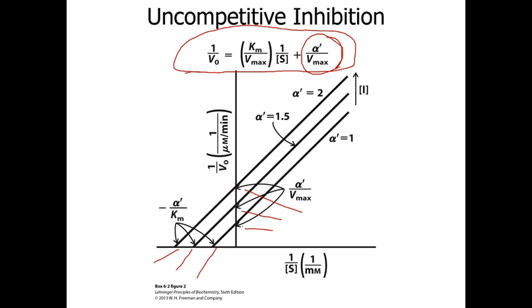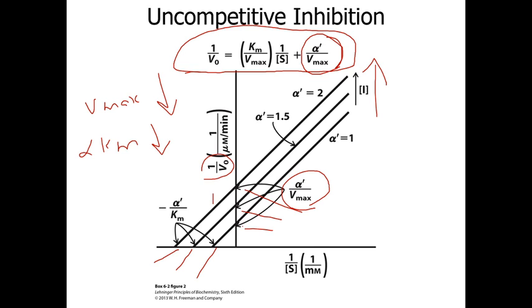So alpha prime over Km changes and Vmax changes because there are different slopes here, and ultimately Vmax is decreased. Vmax goes down and alpha Km decreases. If you look at it intuitively, if you're increasing the inhibitor concentration, 1 over V0 is increasing, or V0 is decreasing.